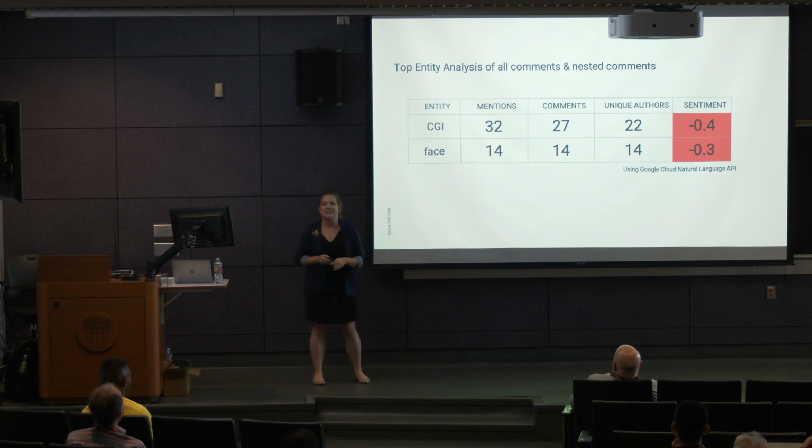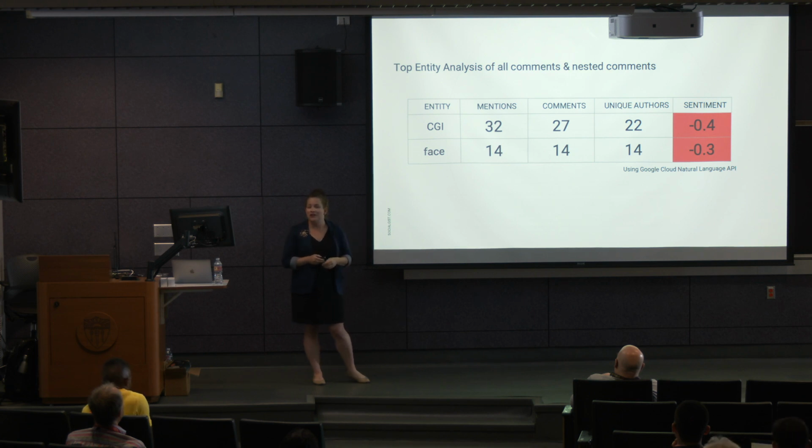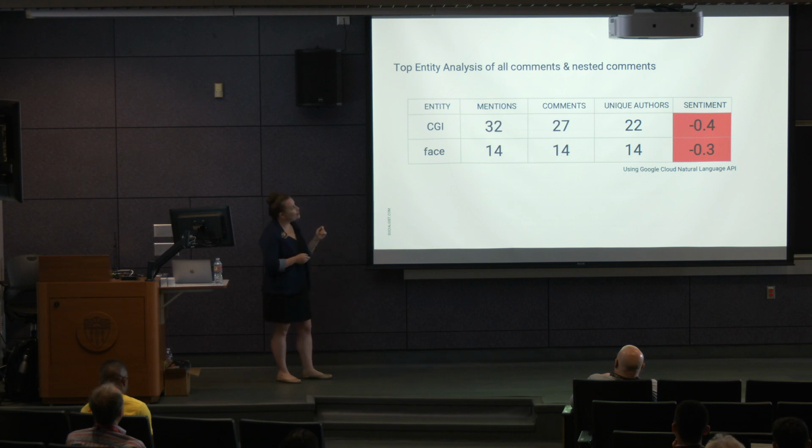So to analyze this, I looked at some of the top entities and the sentiment surrounding those. If we look at CGI, there are 32 mentions in 27 comments, 22 unique authors, sentiment negative. Phrases, CGI Spooky Fest, which is my favorite, and CGI monsters.